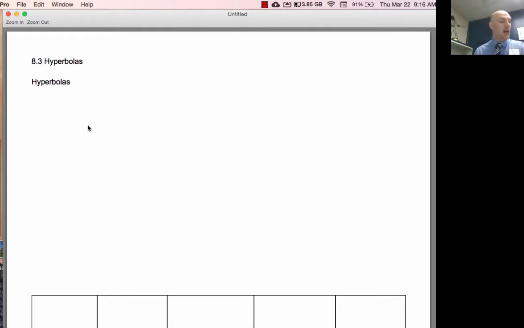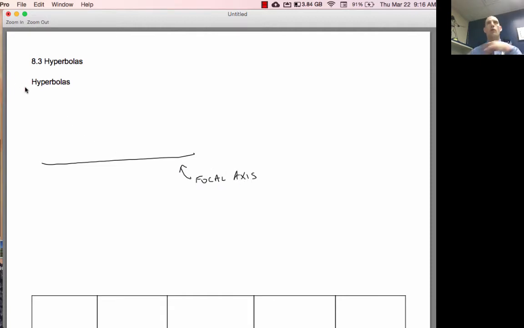So here we go. As we look at a hyperbola, it can be either vertical or horizontal. And so what we're going to do is just draw a general diagram here. There we go. And so this is going to be what's called the focal axis, and these words are going to seem familiar to you.